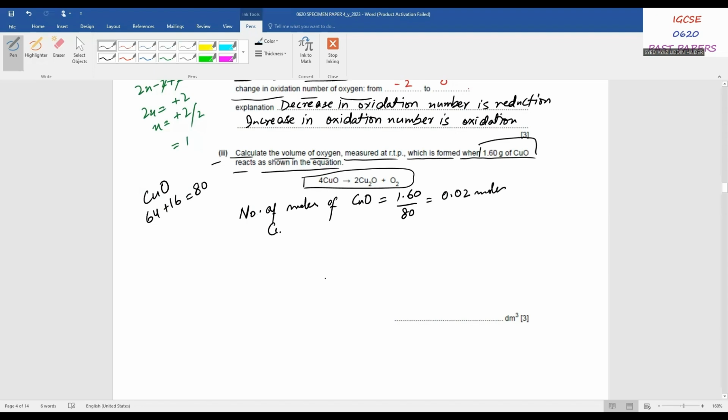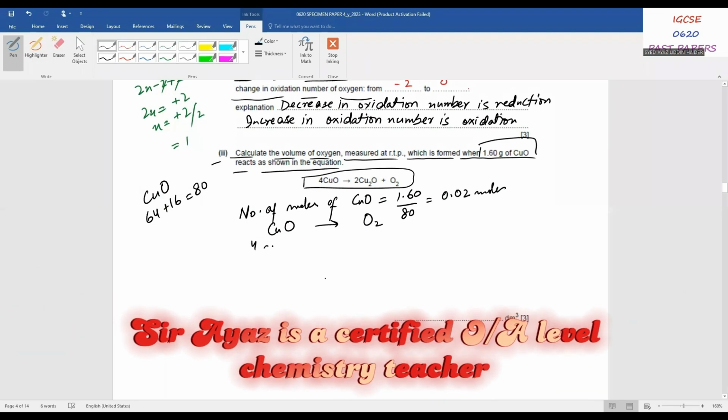According to the equation, 4 moles of CuO gives 1 mole O2. Therefore, 0.02 moles gives X moles of oxygen. We'll cross multiply. You will get X is equal to 0.02 divided by 4.